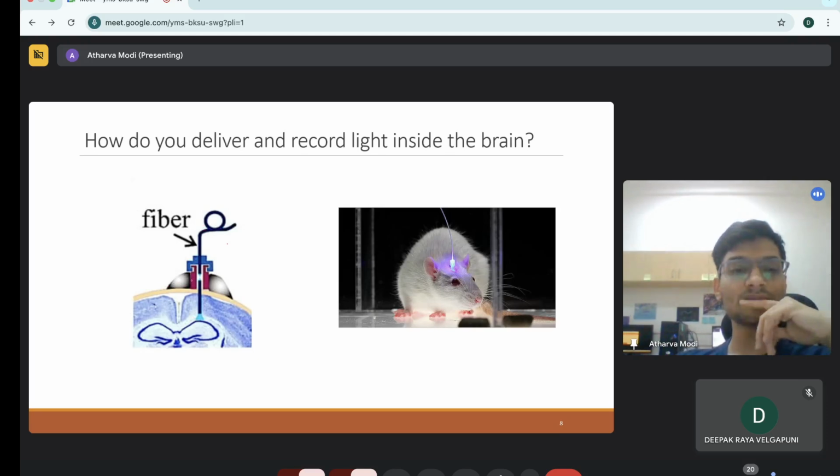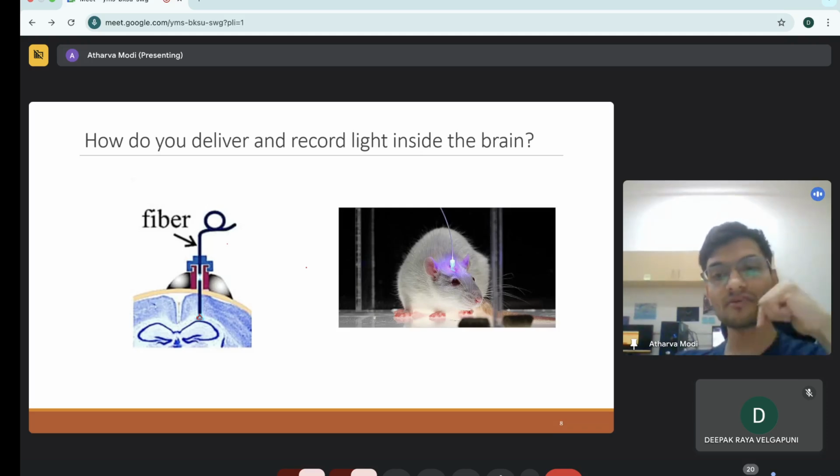This prevents the movement of the fiber with respect to the skull, and it stays in the same place as we want it to be. Let's say we want to measure from the hippocampus, we'll place it above the hippocampus to a certain depth, and then shine light here using an optical fiber. So that's how a rat looks when we actually do the experiment.